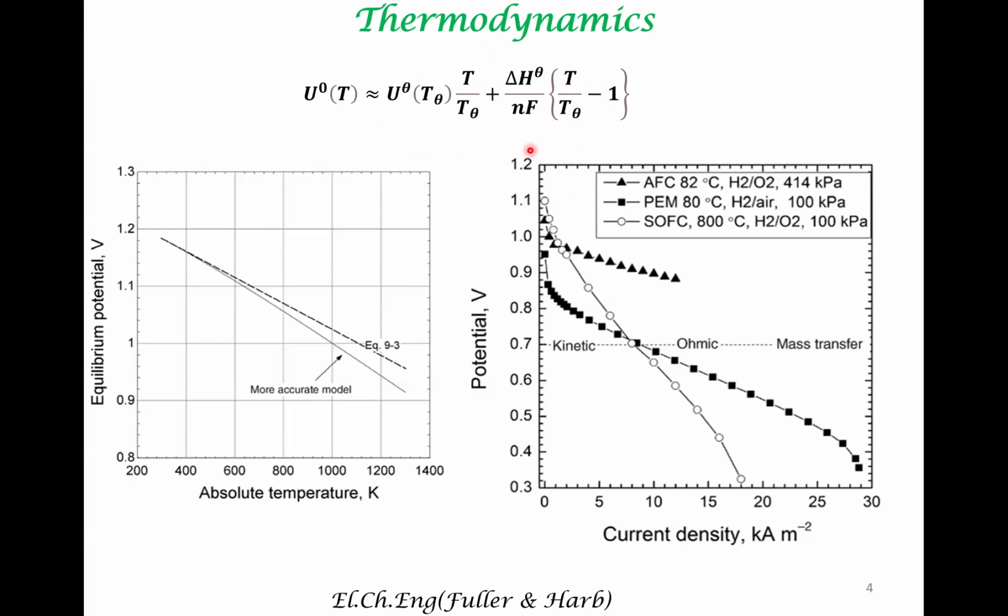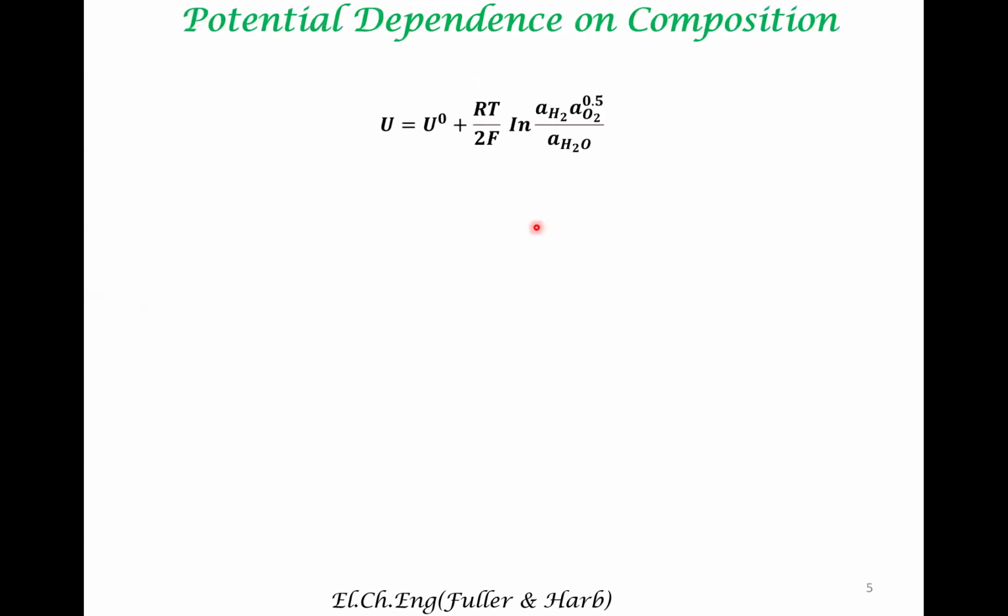All the variation cannot be captured just from this formula. Going by that, the solid oxide fuel cell should have much lesser potential compared to the alkaline fuel cell or PEMFC. The other aspect on which the open circuit potential depends is the composition.